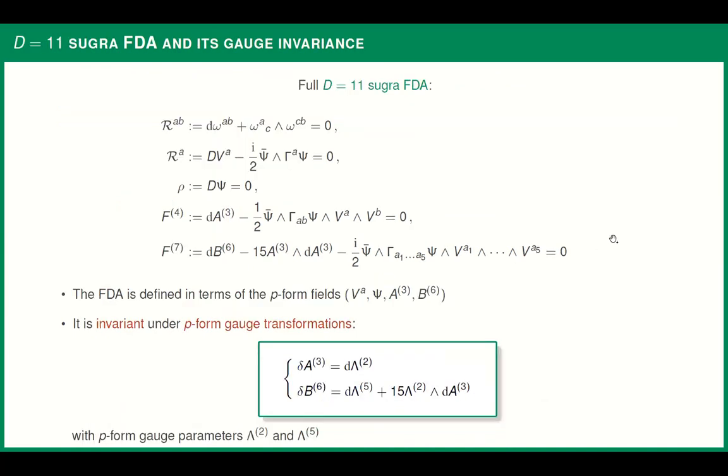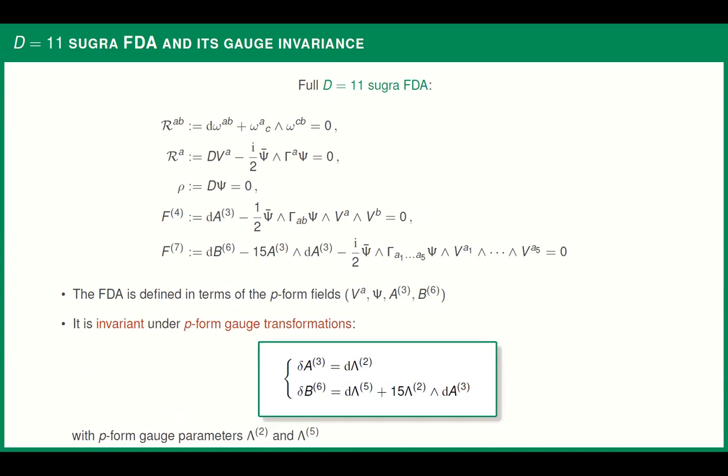So this is the example; for the trivialization of the free differential algebra, we show you the 11-dimensional case. We have also explicitly analyzed the 7-dimensional and 4-dimensional cases, and it's a procedure that in general can be performed. There is nothing preventing you from doing it whenever you have a higher form field.